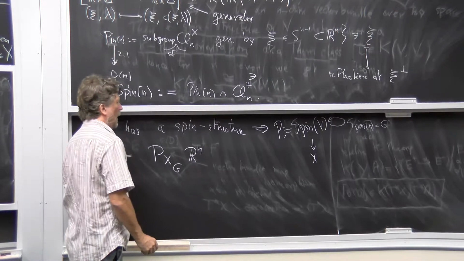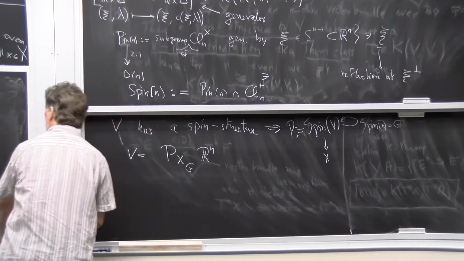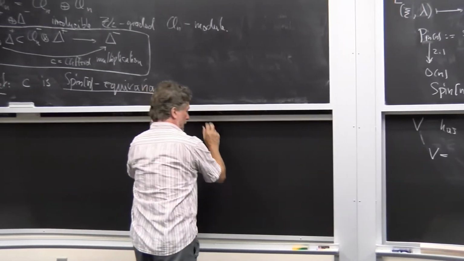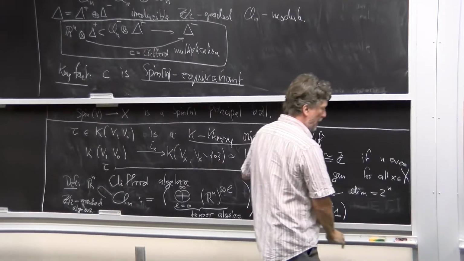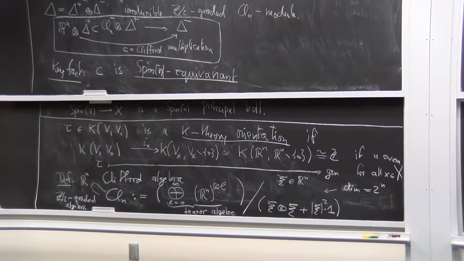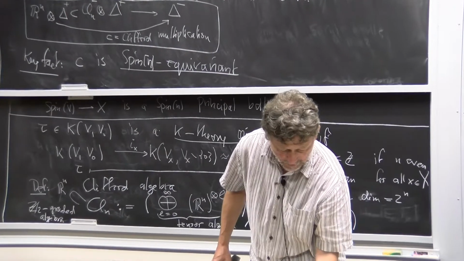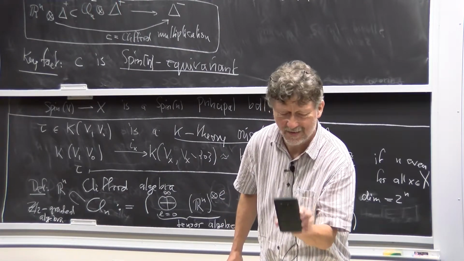Okay, so why is that helpful? I want to get mileage out of the equivariance of this Clifford multiplication map.